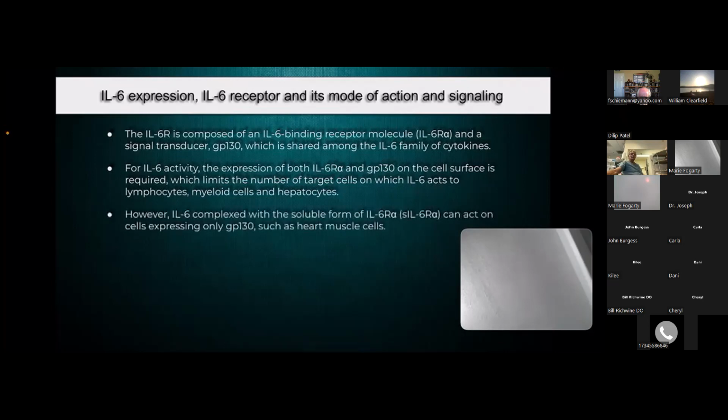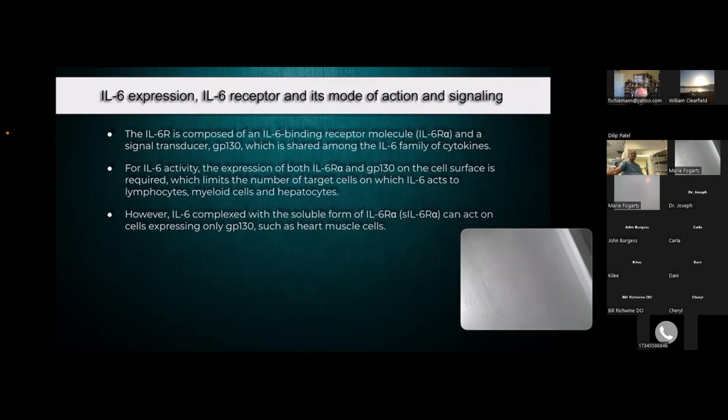However, interleukin-6 can complex with the soluble form of interleukin-6 receptor alpha. Okay, now this is different. This is the soluble form of interleukin-6 receptor alpha. In other words, that receptor can be cleaved off of the cell in a soluble form, float around in the circulation, and attach to interleukin-6.